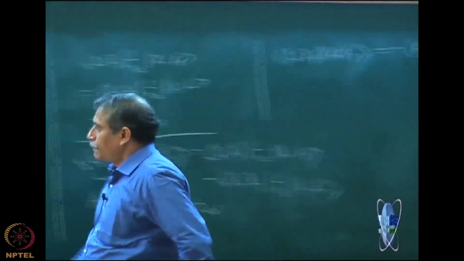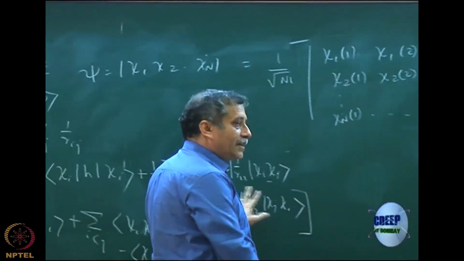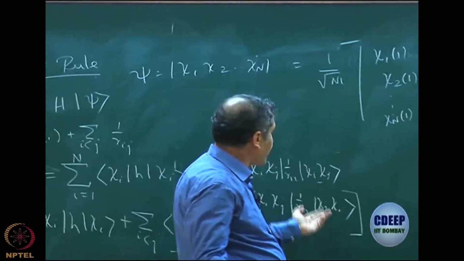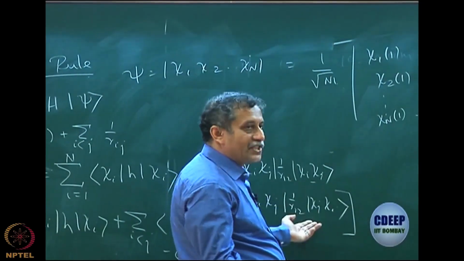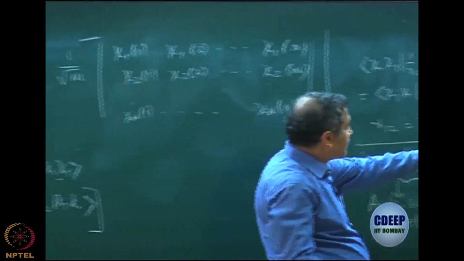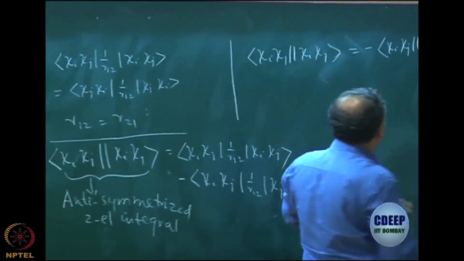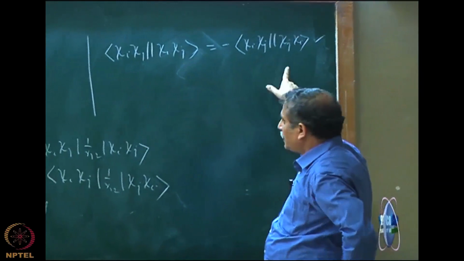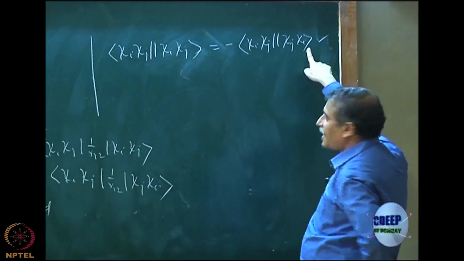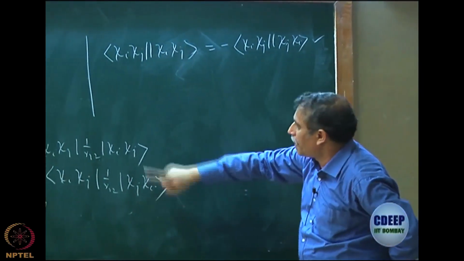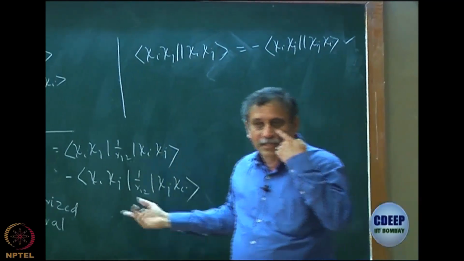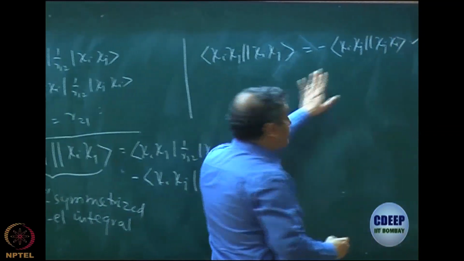Remember, for each of these integrals, if I interchange the right side, it is not negative or anything, it is different. That is how I got Coulomb and exchange. But for the anti-symmetrized integral, when I exchange, this is negative, which can be very easily seen, because this is nothing but now the Coulomb of chi i chi j chi j chi i, which is this, minus the exchange. So, the sign is exactly opposite. Okay. So, I hope you can see that this is now negative of this.